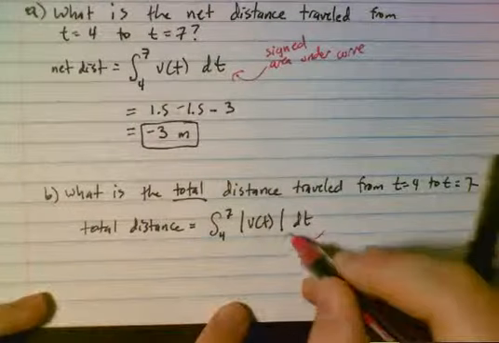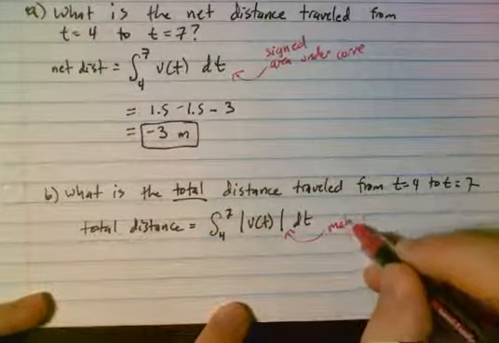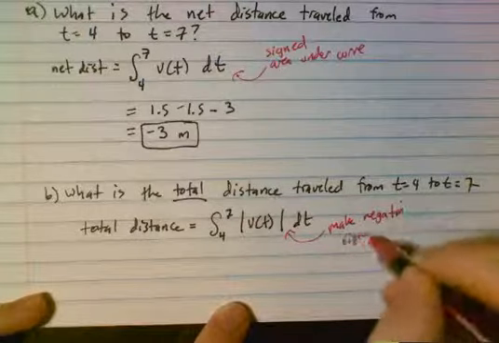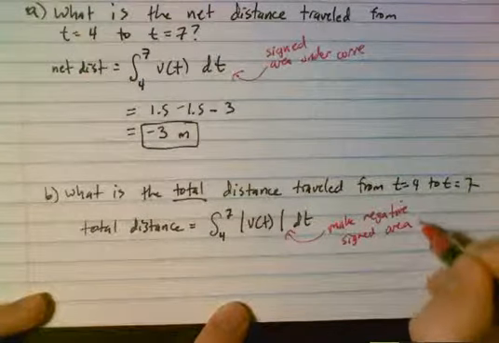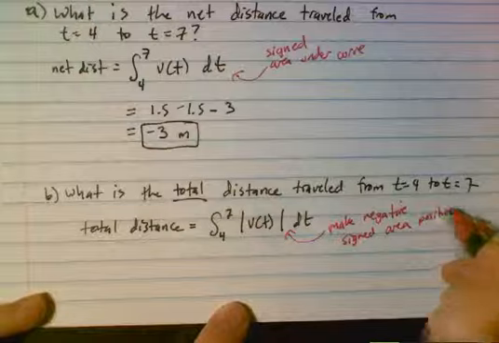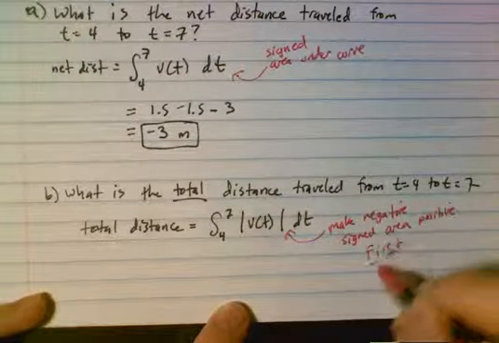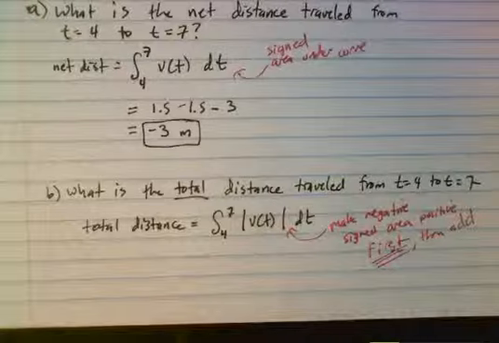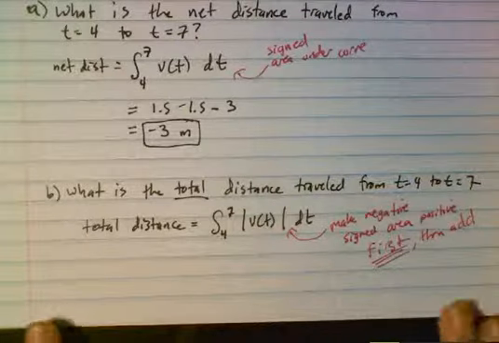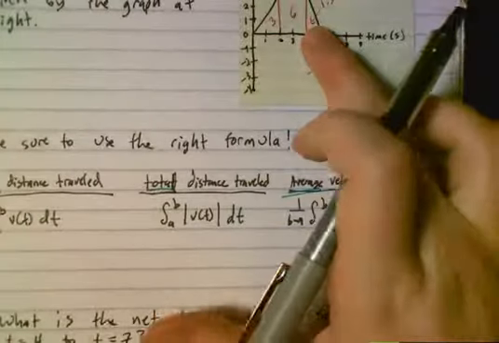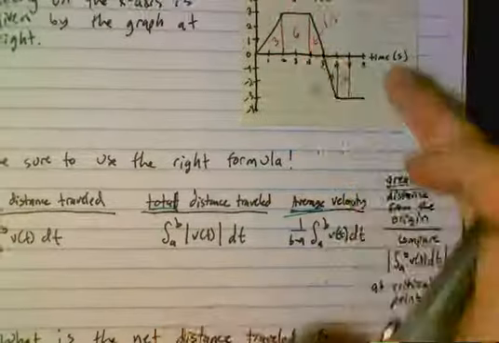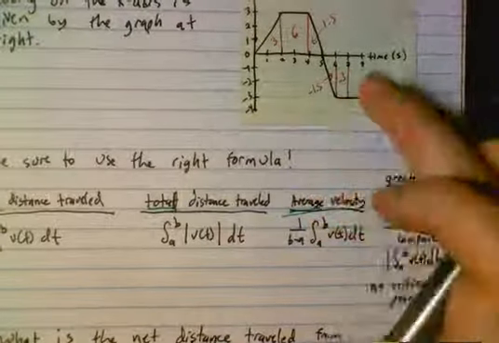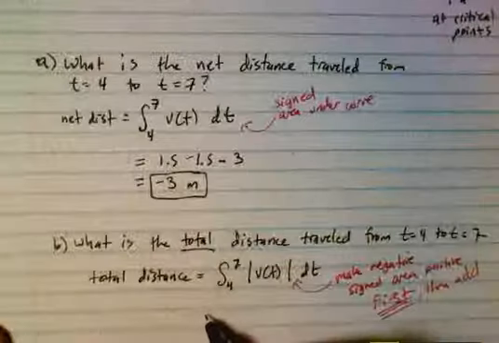So here we're taking the absolute value of each area that we work with. So here absolute value of 1.5 is positive 1.5, but here this is going to be absolute value of negative 1.5. So positive 1.5, positive 3.